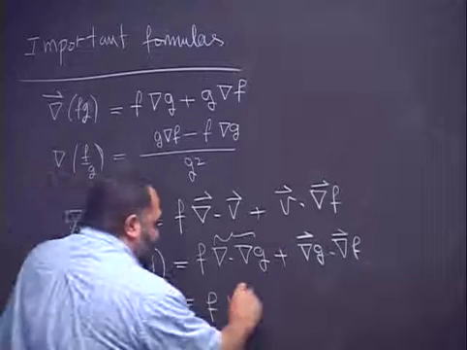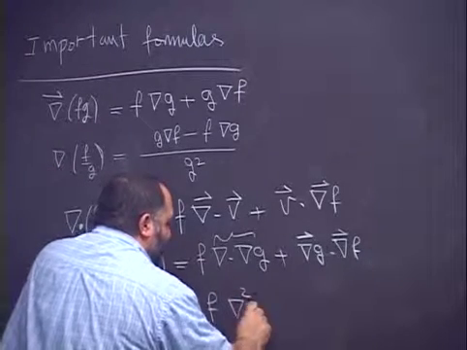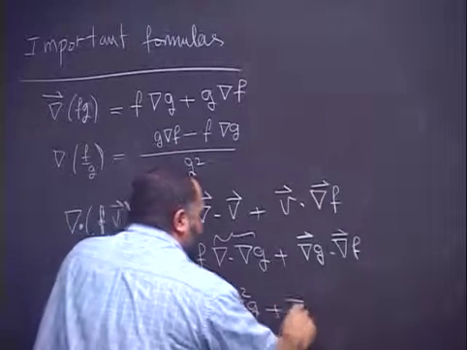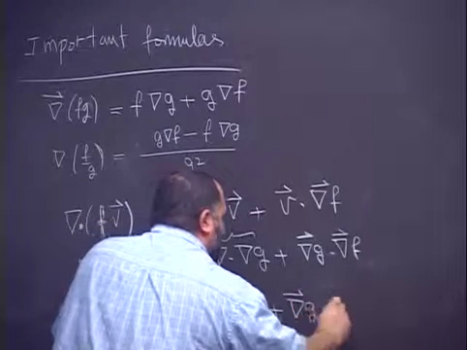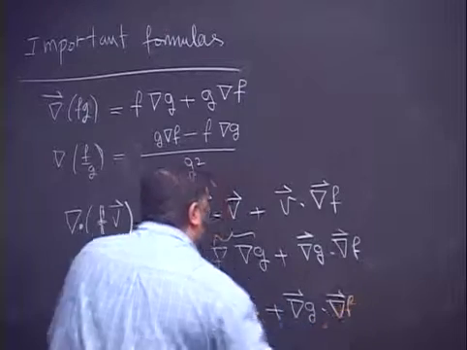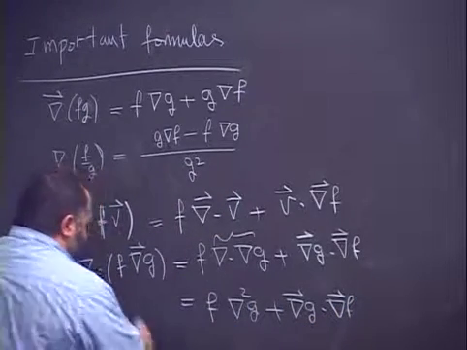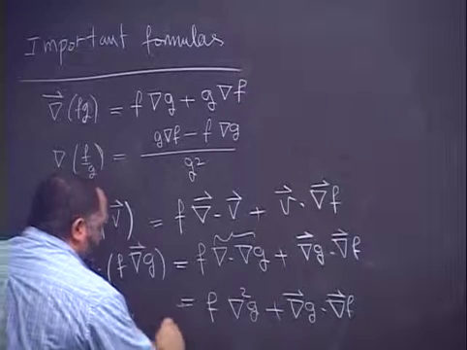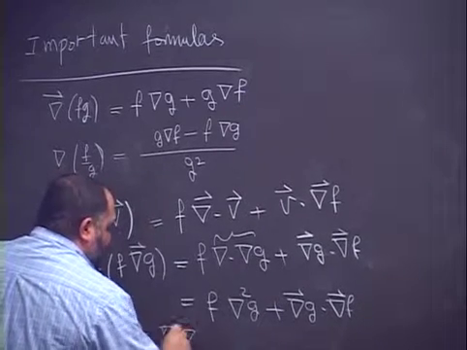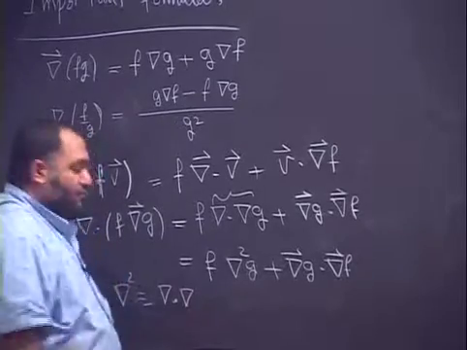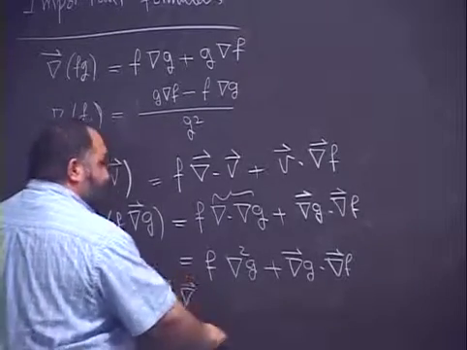Square. So this is nabla square g, plus grad g dot grad f. Again, nabla square is just equal to the dot product of the two del operators.